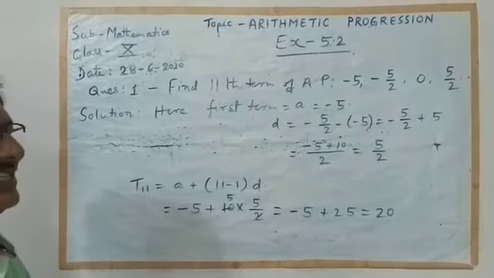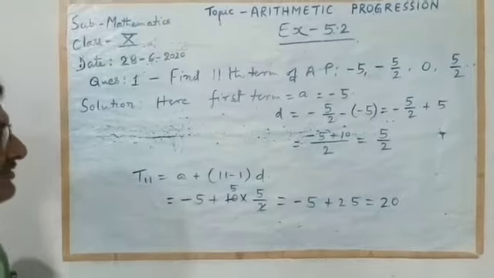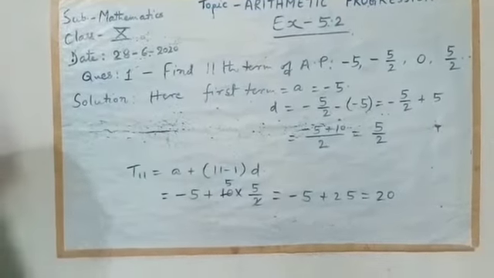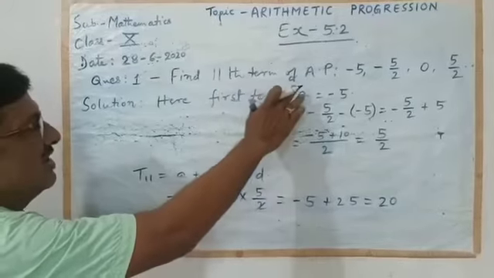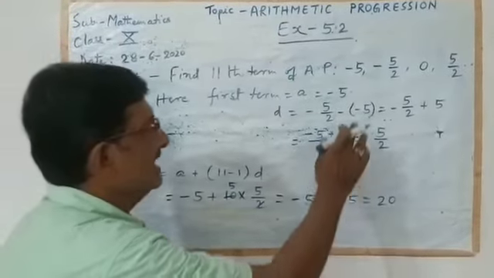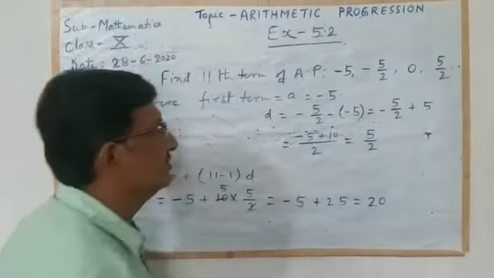Now we are going to discuss problems from exercise 5.2. Here we are taking question number 1. Here we have to find the 11th term of the given AP: minus 5 by 2, 0, 5 by 2.